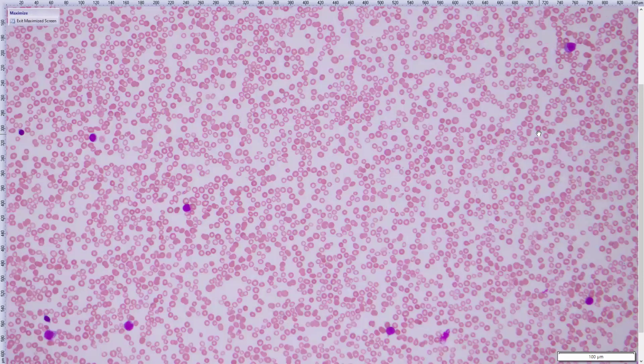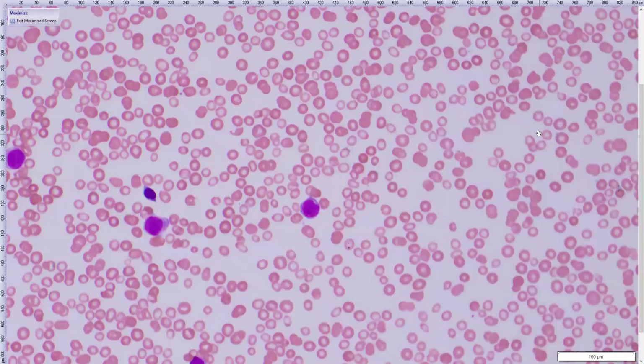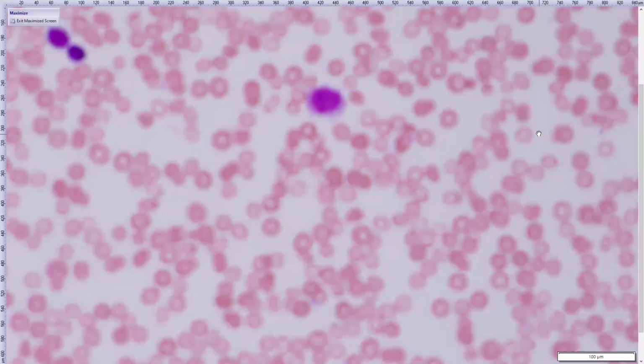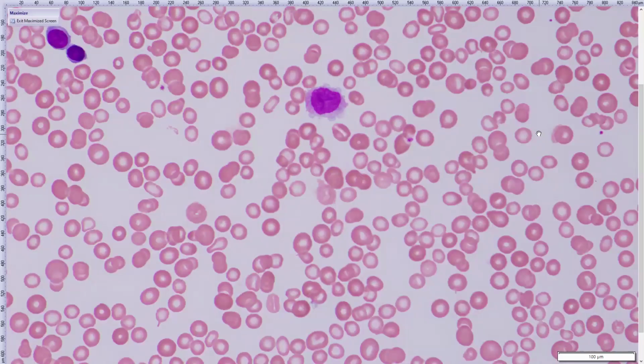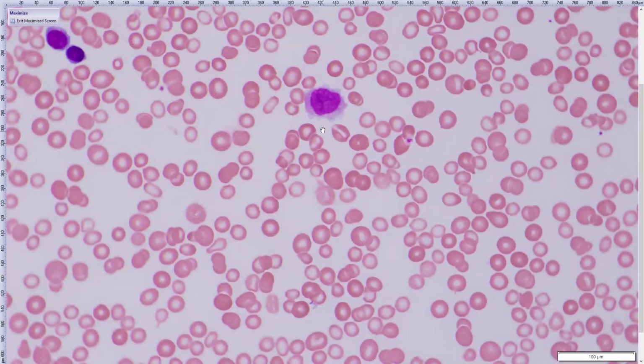Let me go high power on these cells, like, for example, this cell here in the middle. Let me get in focus. We do see this large cell, high nuclear to cytoplasmic ratio, moderate amount of cytoplasm, and folded nucleus. This one here is a blast.